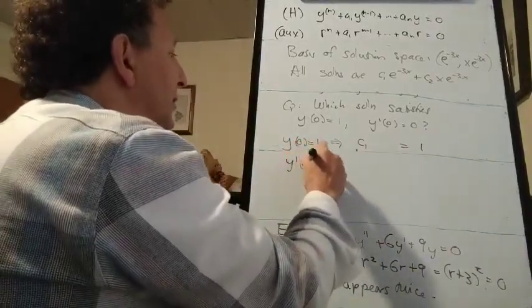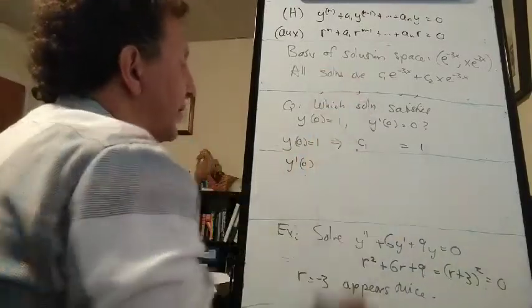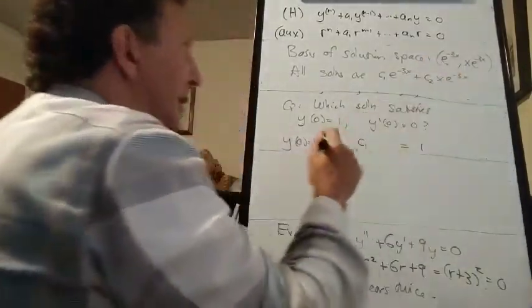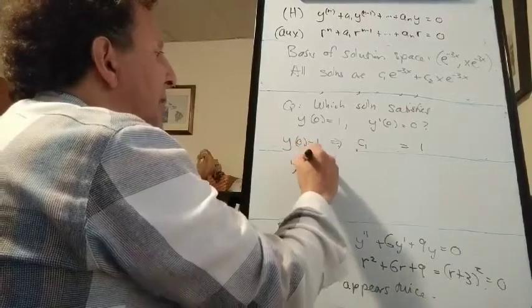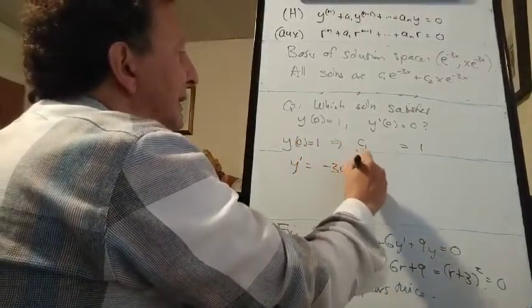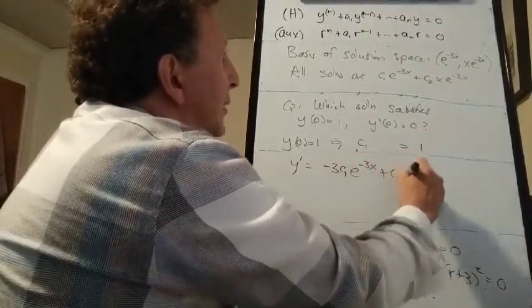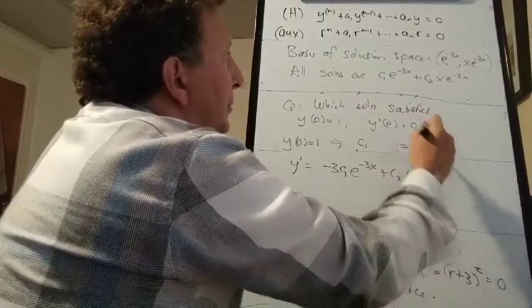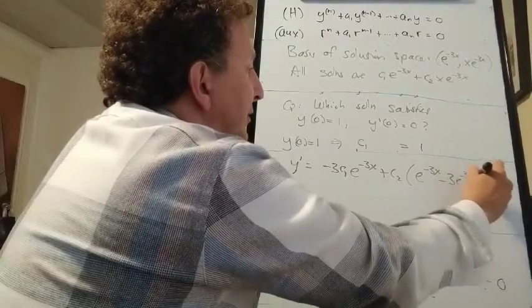Y prime of 0, well, I think I'd better figure out y prime of x first before I plug in 0, because we've got a little product rule going on here. So y prime equals negative 3c1 e to the negative 3x, that's easy, plus c2, derivative of the first times the second, plus derivative of the second times the first.